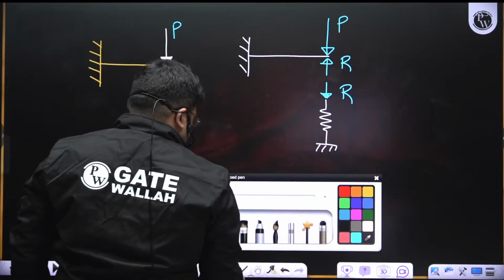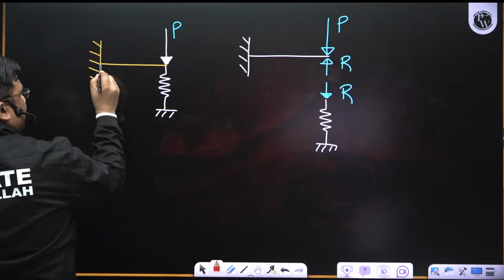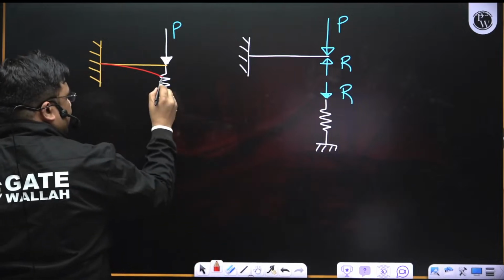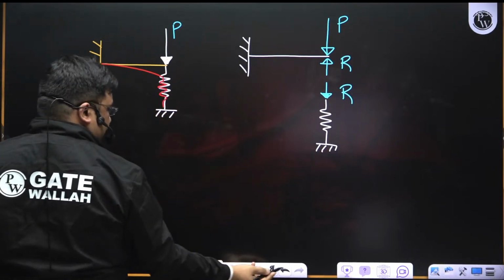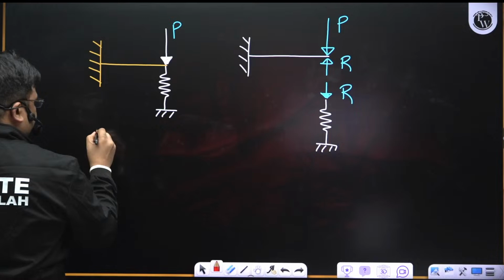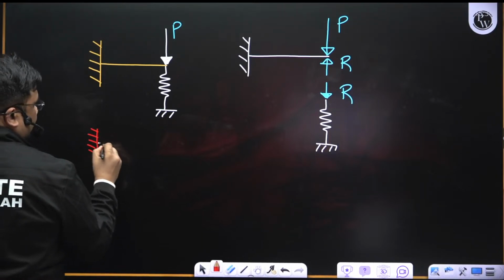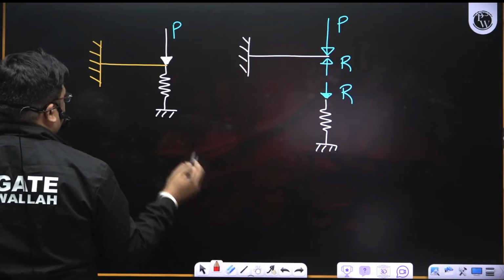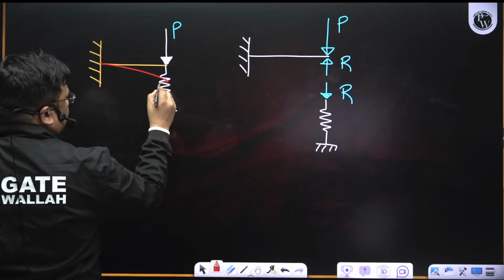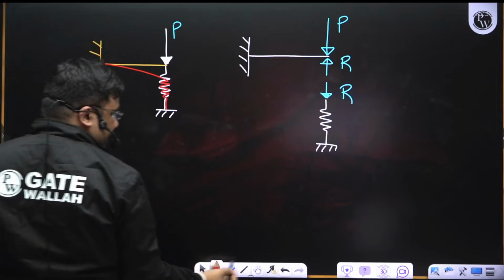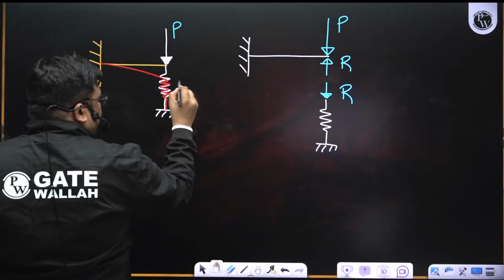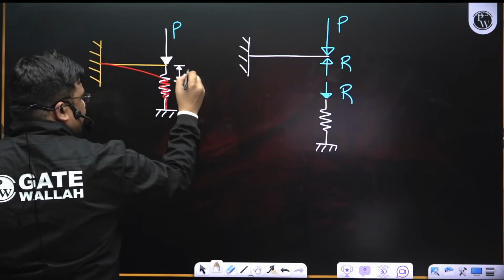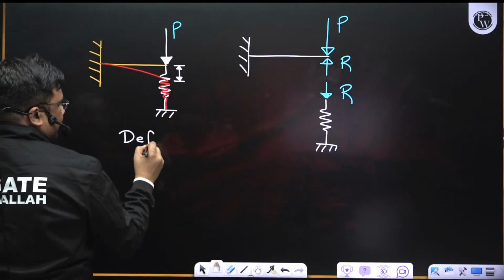Now, this is the free body diagram, and another interesting concept. Suppose this is bending like this. After bending, it looks something like this, right? So this is before bending, and after bending if I draw, it will be something like this. Here I will draw here only. Now another important concept: this amount, what is this?